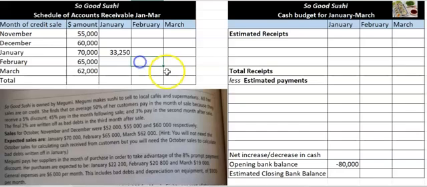Best idea is to work diagonally down, so that way we use the same process all the way through. So we're going to go equals that one, remember, times 50% times 95%, and then do that in March as well. Great. And then we'll do the previous month.